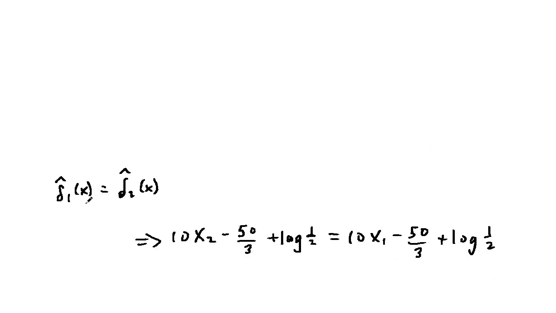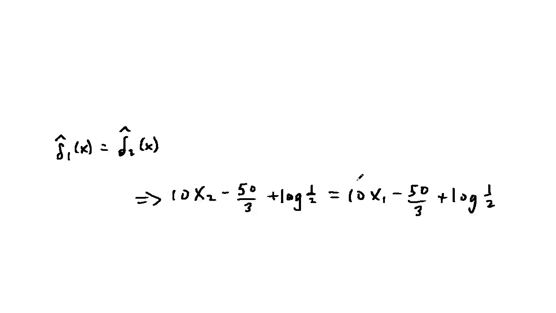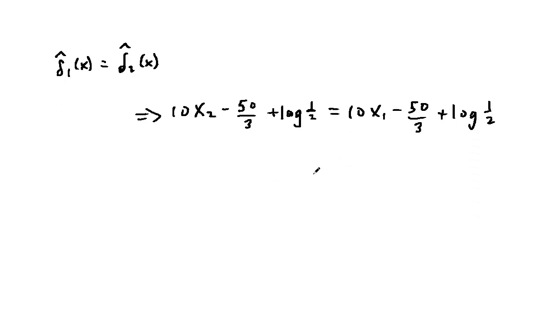Now, setting delta 1 equal to delta 2, we get this equation. These constants cancel out, so we get 10 x2 equals 10 x1.